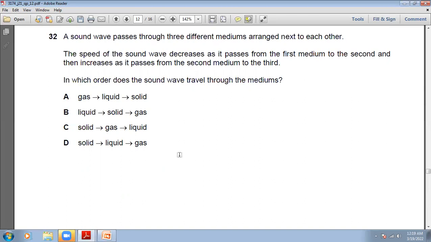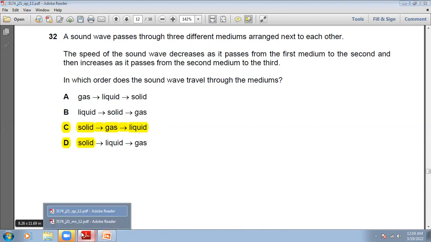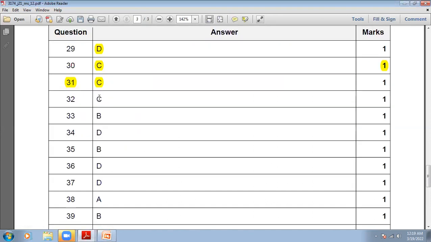So from dense to rare and from rare to dense. So I think solid into gas, gas into liquid. You see, because sound waves travel faster in the dense medium. So solid to gas, from gas to liquid. So question number 32, C is the right option, sir.